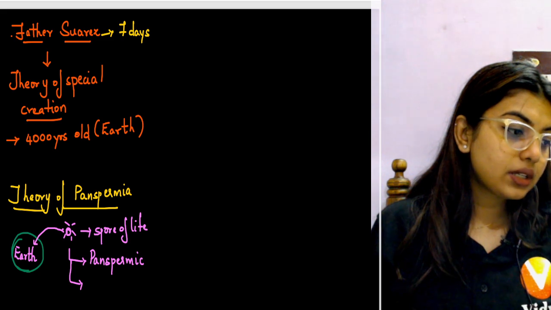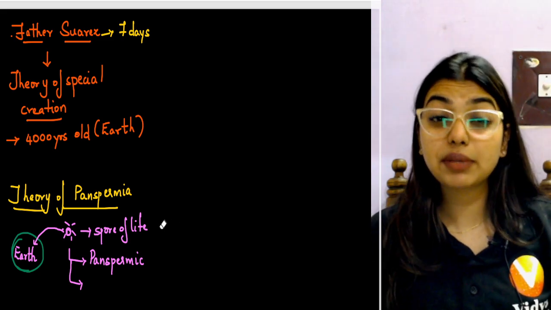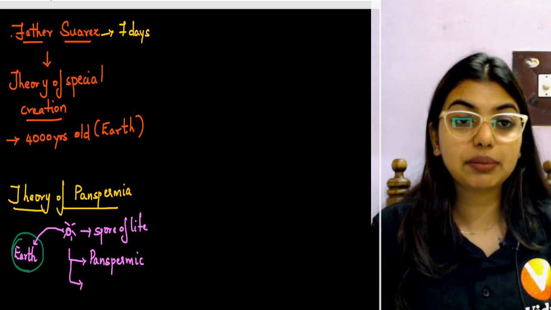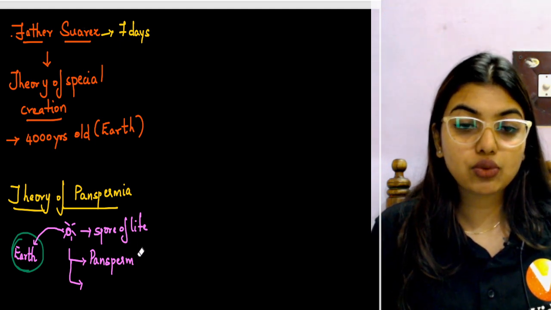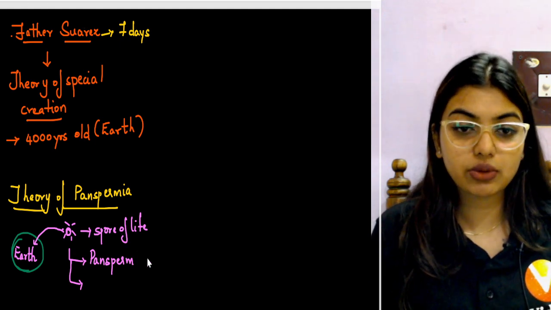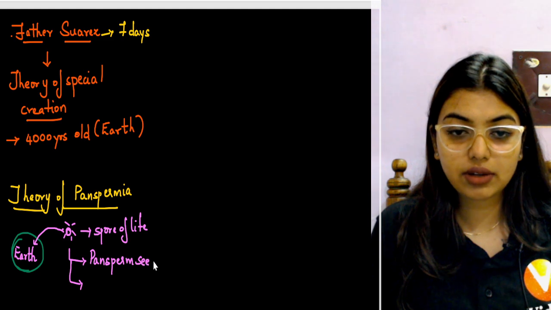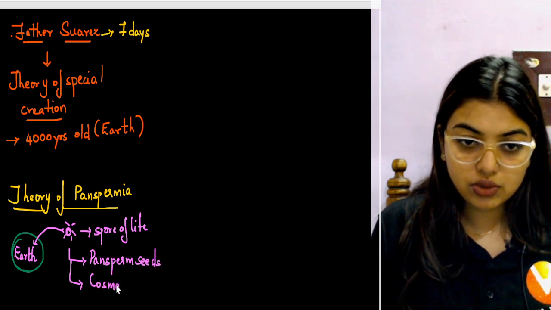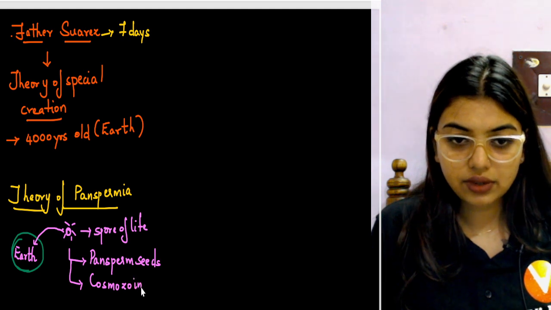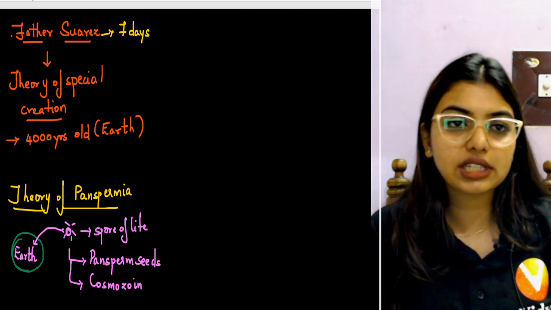Even panspermia seeds also is there. Like that, multiple names are there. In case you see somewhere and you think, I don't know this, then just look here. Different books will have different theory names.